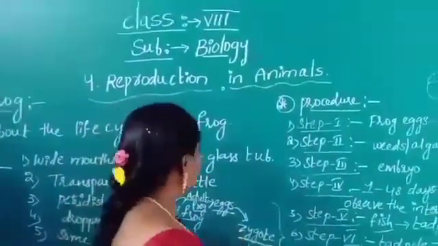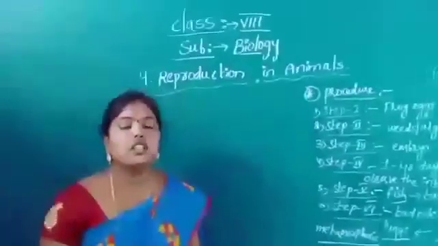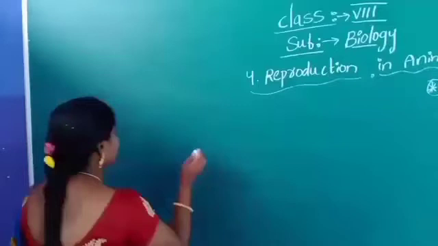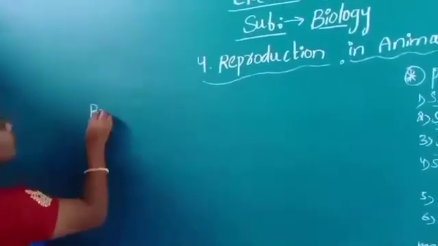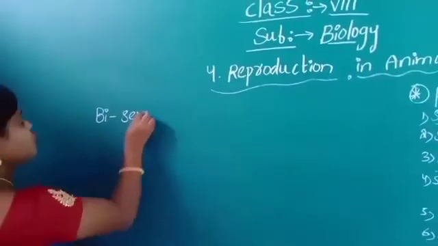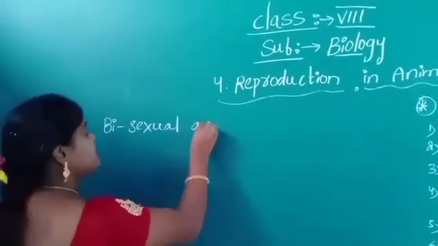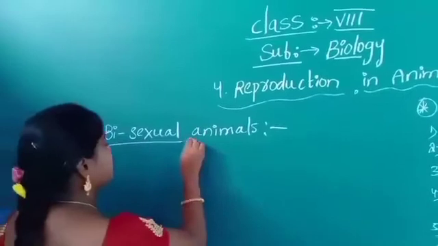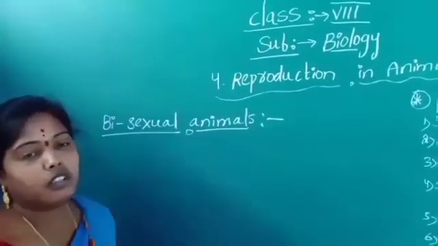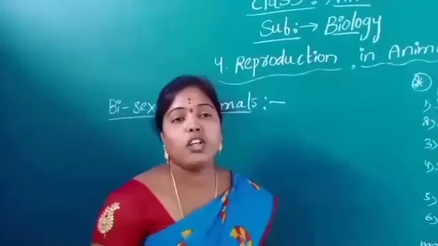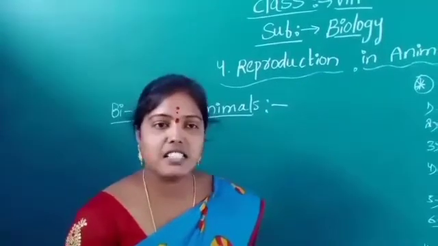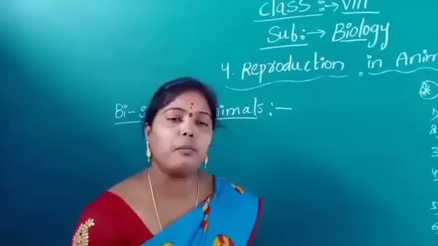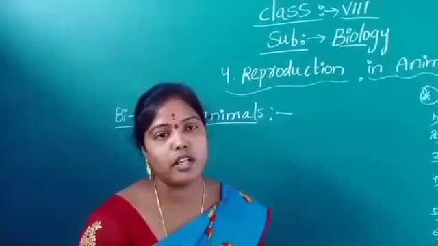Okay, next, children, do you know what are called bisexual animals? Very important. Some animals carry only female reproductive organs inside the body, but some animals carry only male reproductive organs inside the body.